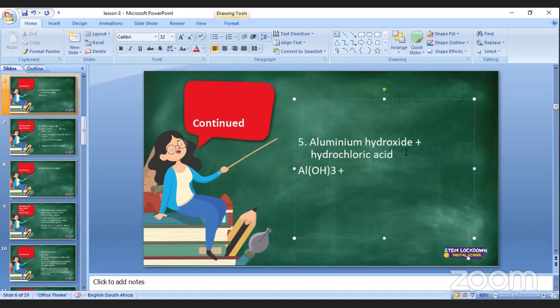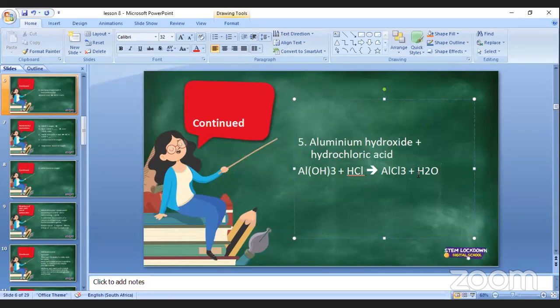It is reacting with hydrochloric acid. What do we get from this reaction? We get aluminum chloride, which is a salt, and water. We always get water if a hydroxide is reacting with an acid.